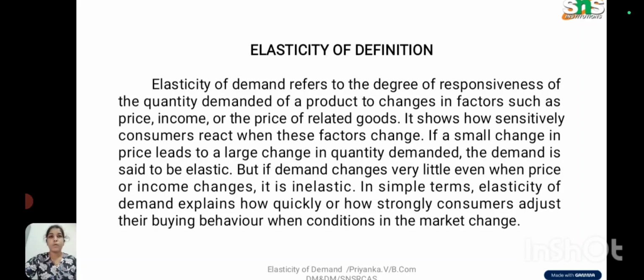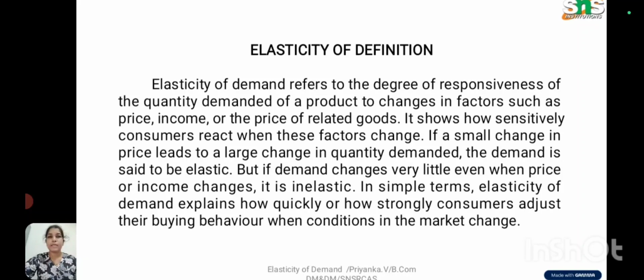We already know that demand means the quantity of the product that consumers are willing and able to buy, but in real life, demand does not remain constant. It changes when prices change, when income changes, or when the price of other goods changes. So elasticity of demand helps us to understand how sensitive or responsive demand is to these changes.